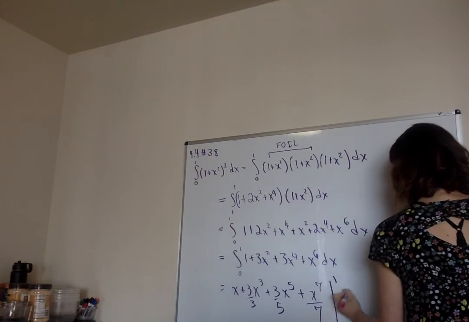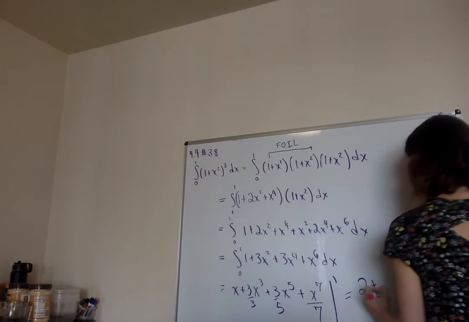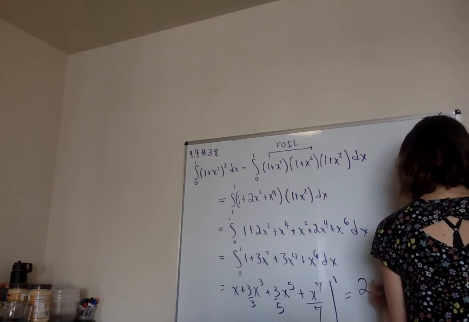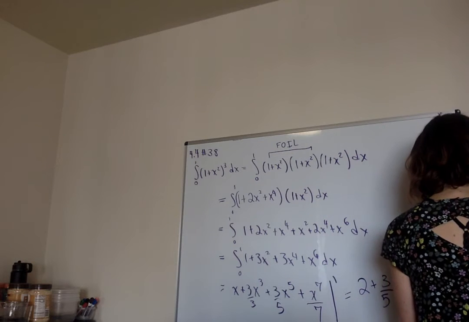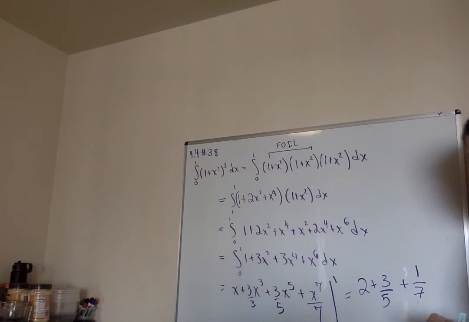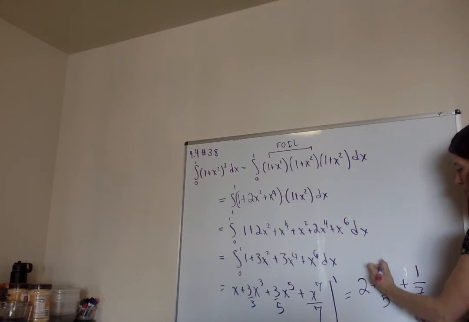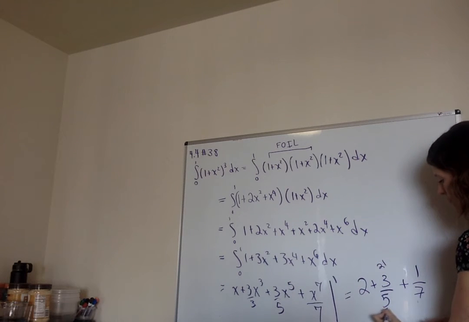So my final result is going to be 2 plus 3/5 plus 1/7. All right, so we've just got to make a common denominator here. I'm going to multiply the top and bottom of this one by 7. That's going to give me 21 over 35.